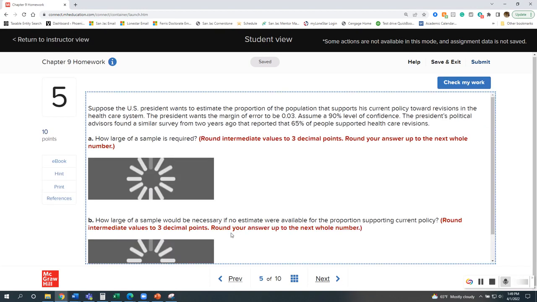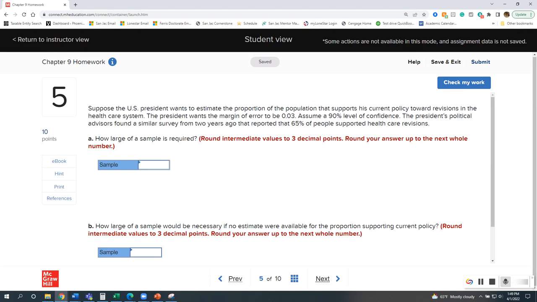Okay, question 5. That was really less complicated. All right. So suppose the U.S. president wants to estimate the proportion of the population that supports his current policy towards revisions in the healthcare system. This sounds very familiar. The president wants a margin of error of 0.03.